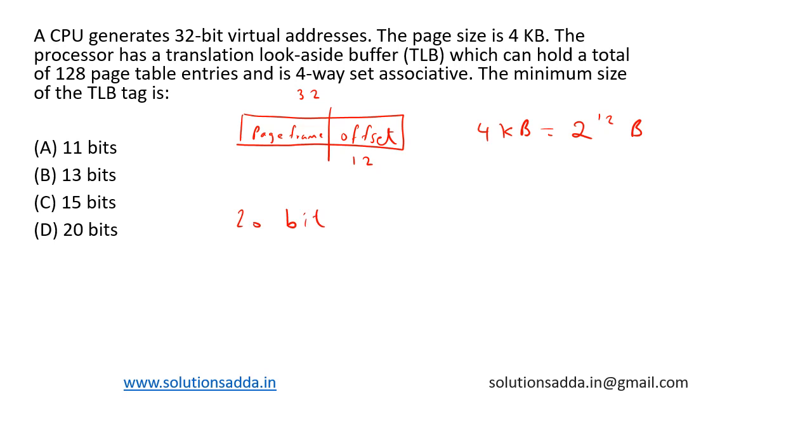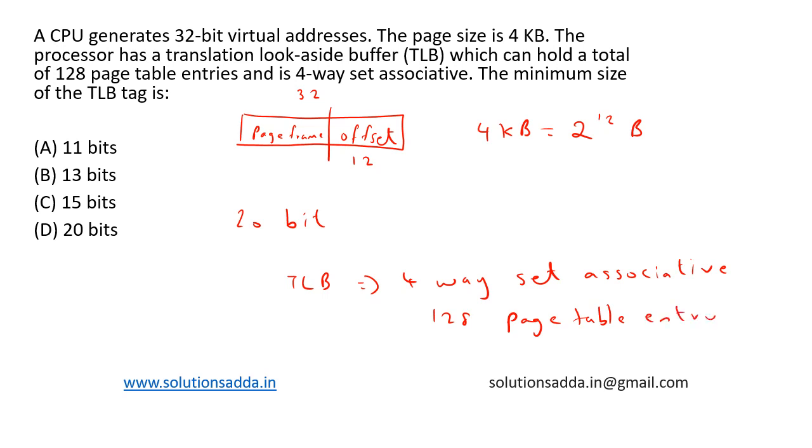The other information that is given here is that TLB is 4-way set associative and it can hold 128 page table entries. So the total number of sets in the cache is 2 to the power 7, which is 128, divided by 2 to the power 2, that is 4. So we have 2 to the power 5. This is the total number of sets in the cache.